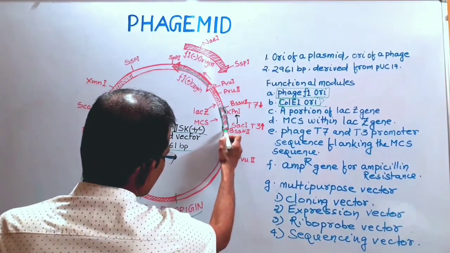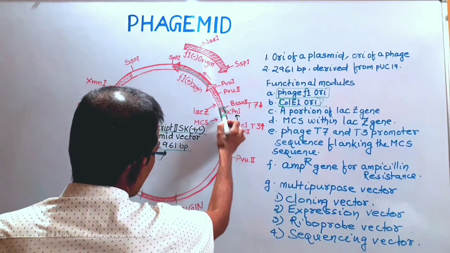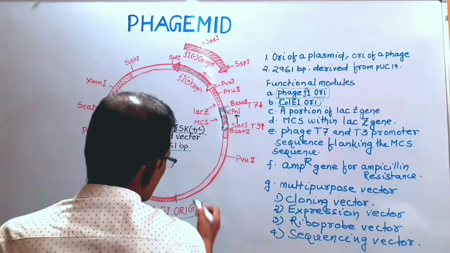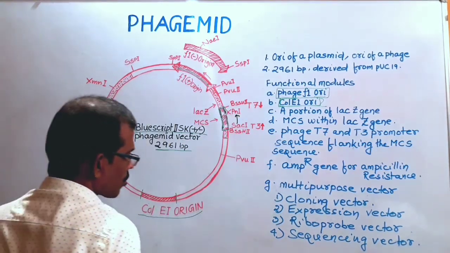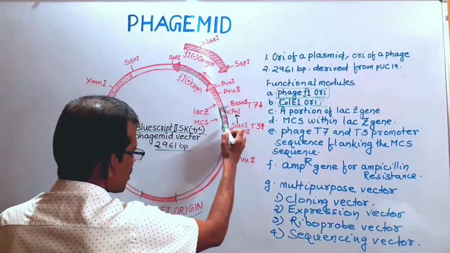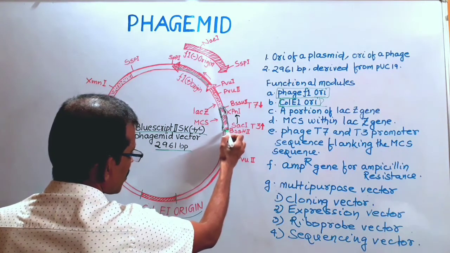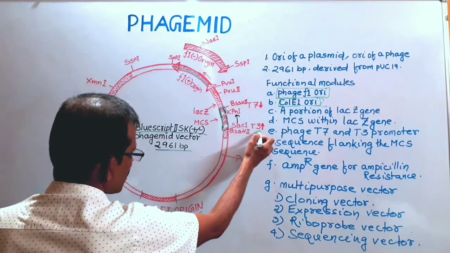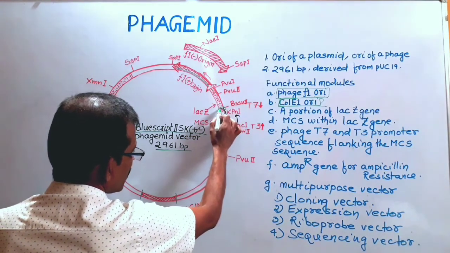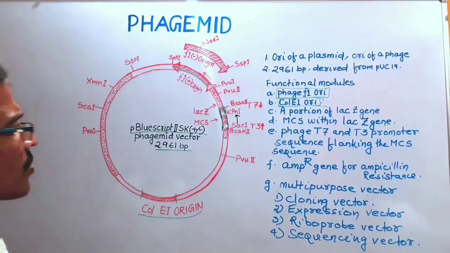On this side, there is a T3 promoter, and on this side, there is a T7 promoter. So there are two phage promoters that are flanking the MCS sequence. The T3 promoter is derived from T3 phage, and the other promoter is derived from T7 phage.